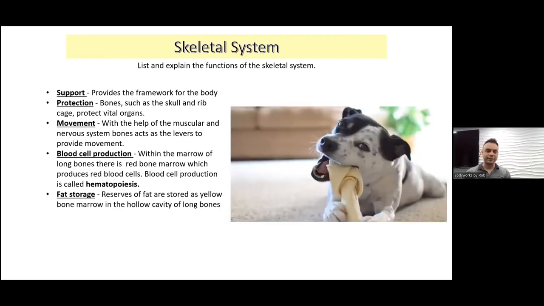As well as in that medullary cavity, we also store yellow bone marrow, which is fat and other minerals and nutrients as well, which is why our animals, our dogs, which I don't have dogs, but maybe you do, have such a liking to chew bones, because of all the little minerals in there, little fat, delicious.